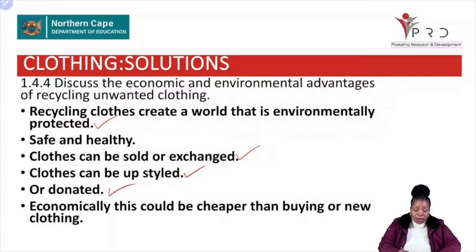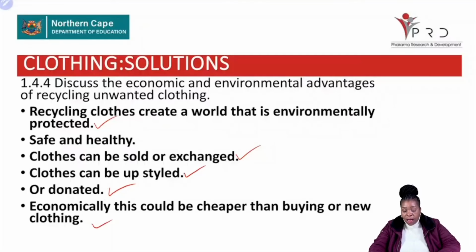Or sometimes we can donate to other people. There are people who need clothes out there. So just throwing them away is not the best thing to do, but you can donate your clothes, right? And economically, this could be cheaper than buying new clothing, right?